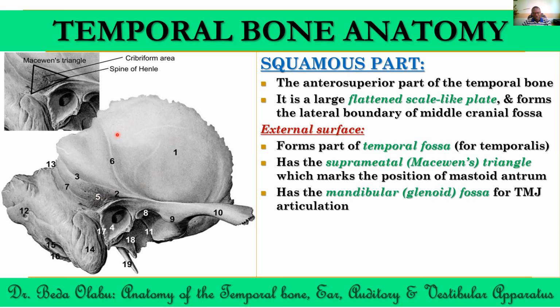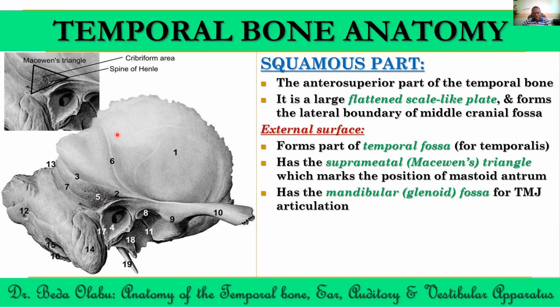The squamous part of the temporal bone also has this depression here, labeled 8, which receives the condylar process of the mandible to form the temporomandibular joint. So this is called the mandibular fossa or the glenoid fossa for temporomandibular joint articulation.